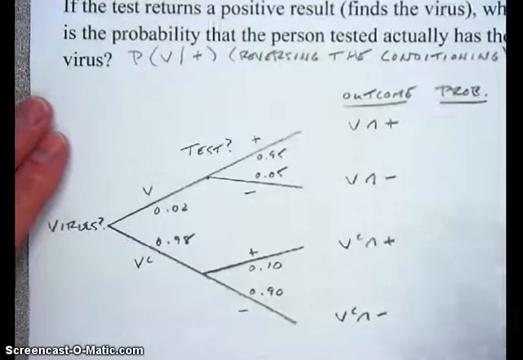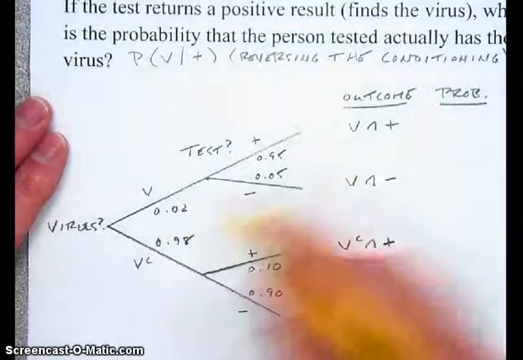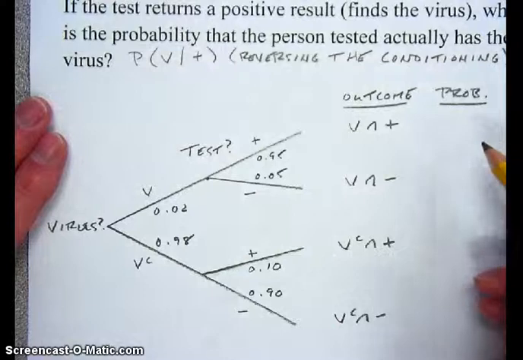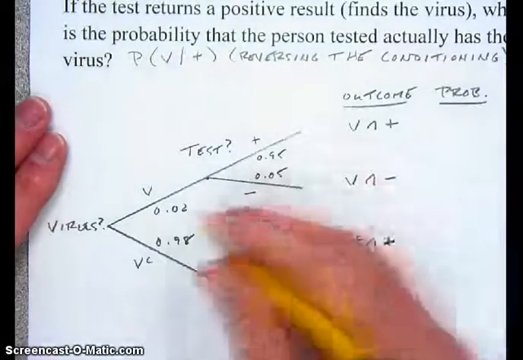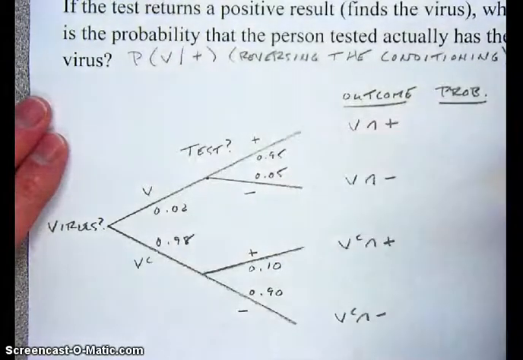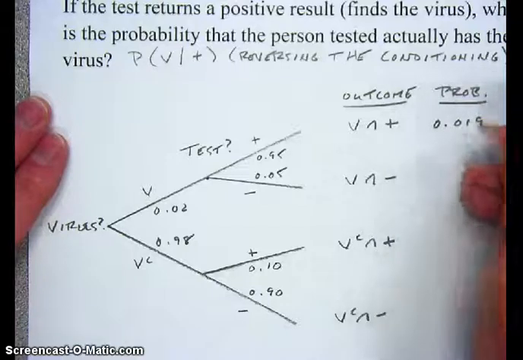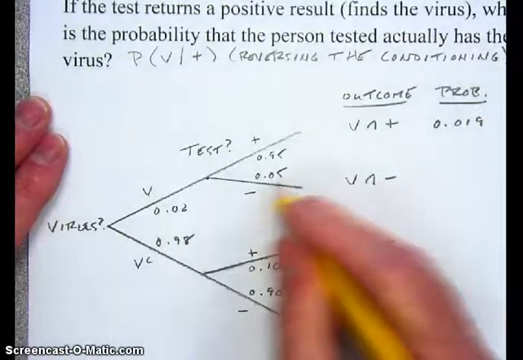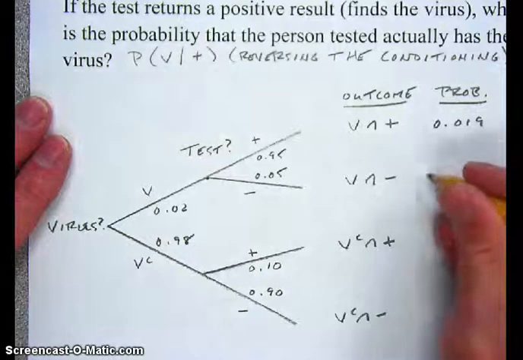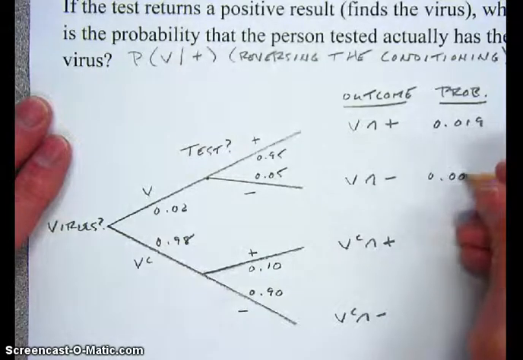The probabilities we get by multiplying along the branches, and 0.02 times 0.95 is 0.019. 0.02 times 0.05 is 0.001.